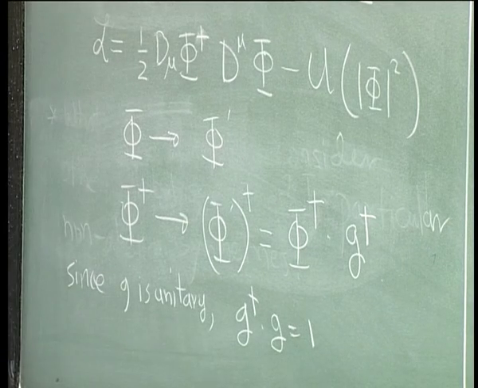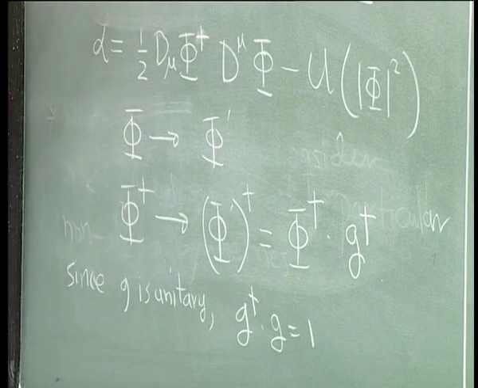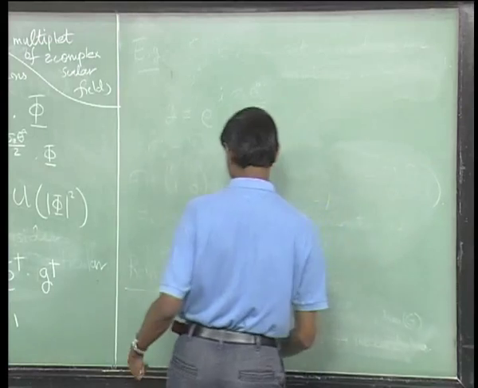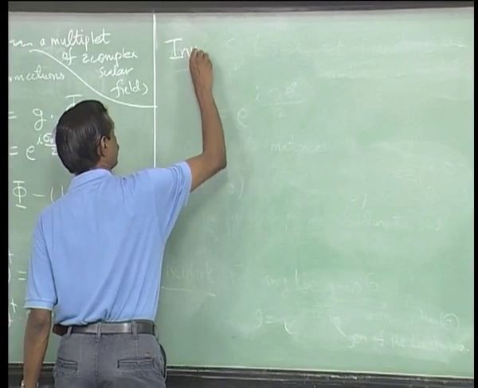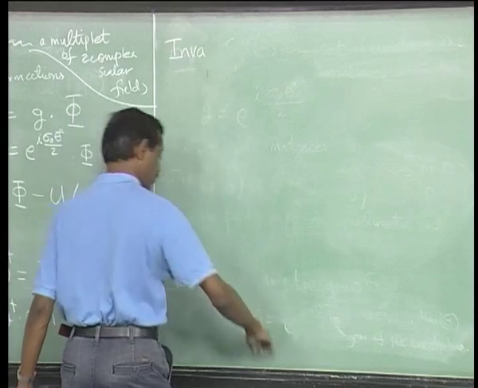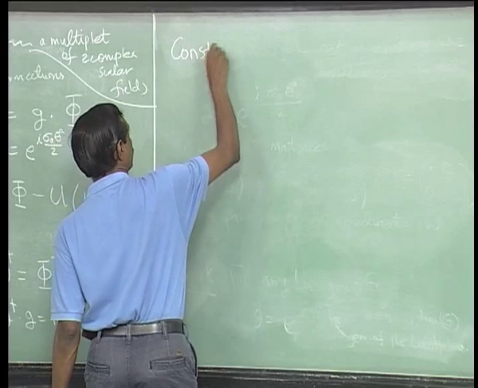So the idea here is to go ahead and construct objects which are invariant under the SU2. So, constructing SU2 invariants.